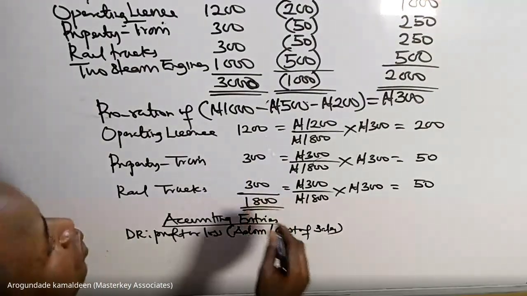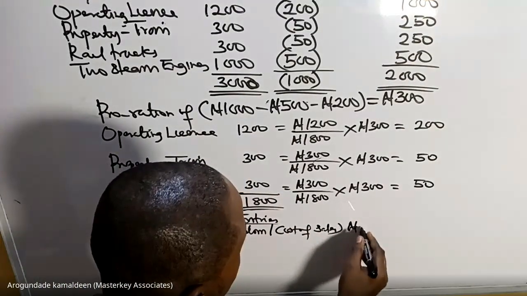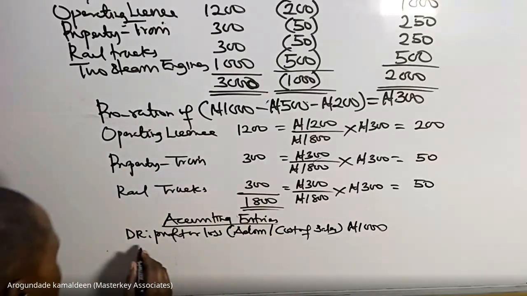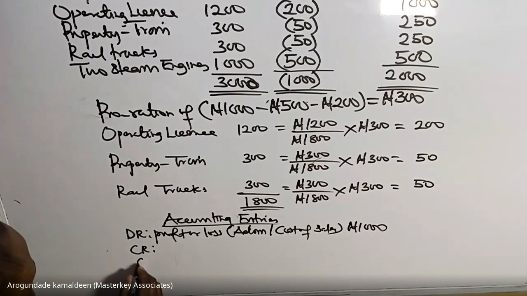So with the 1 million, the total impairment. Now credit, you also credit the 3 assets involved.